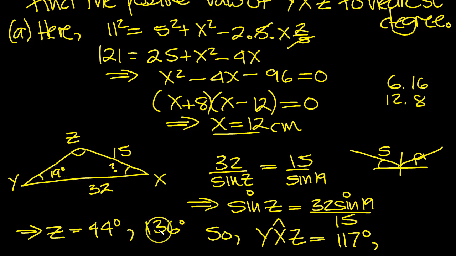And we've got 19 and 136 is 155. We'd need 25 more, wouldn't we? So 25 degrees to get to the 180. So the angle in question is 117 or 25 degrees.